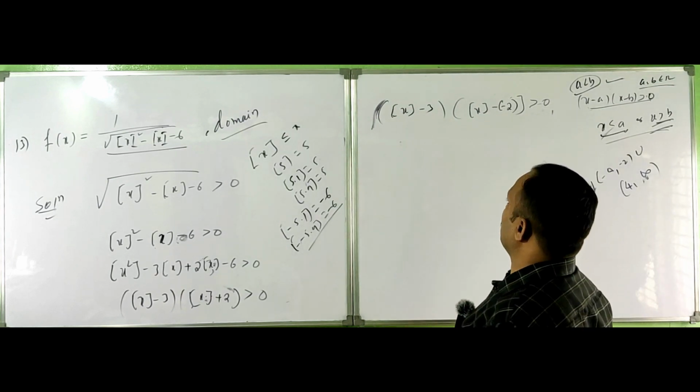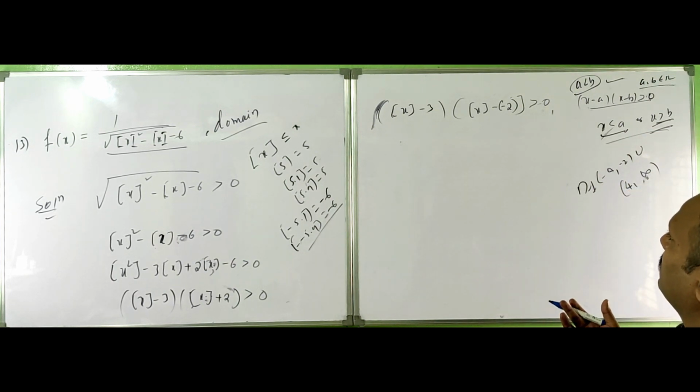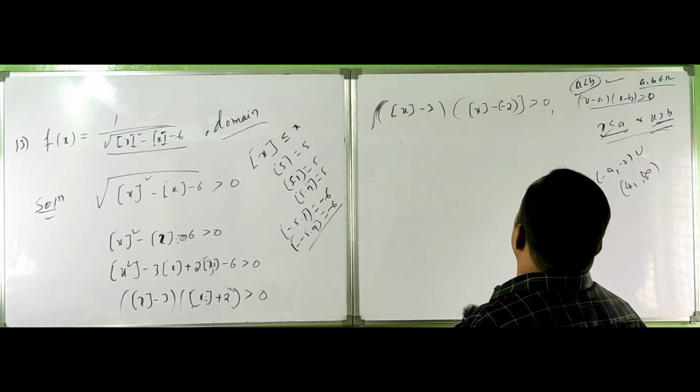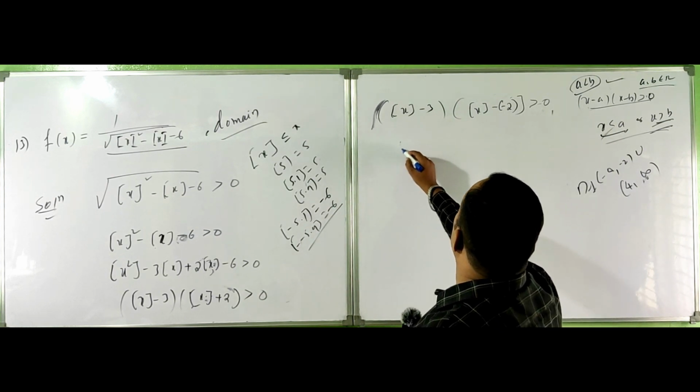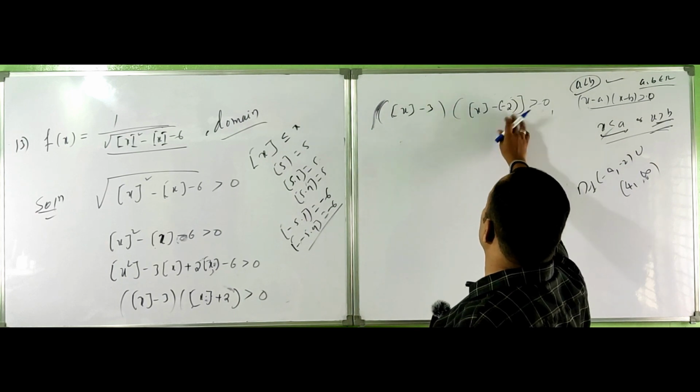x minus a less than b form. What's the value if this is 3, this is minus 2? What does less than mean? Here this is the b and this is the a.